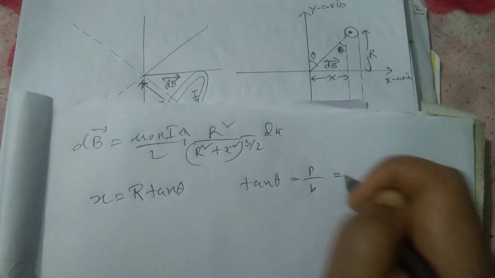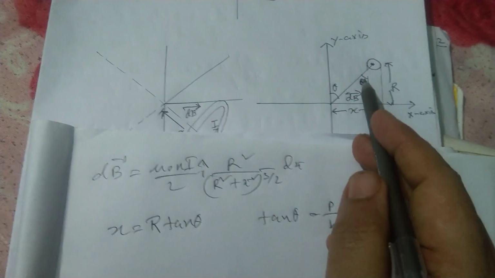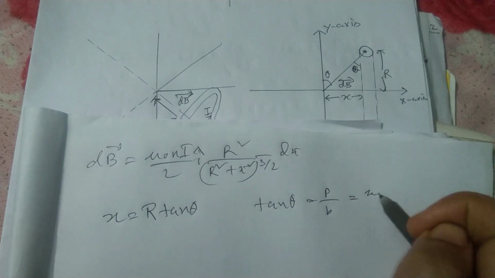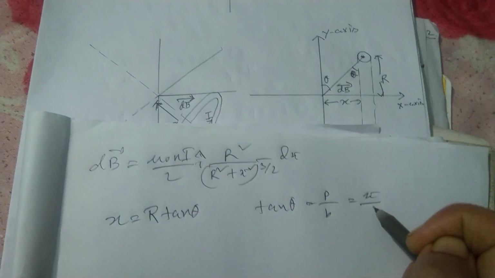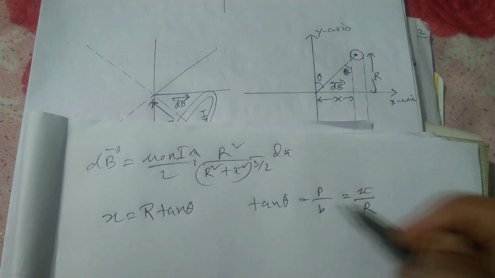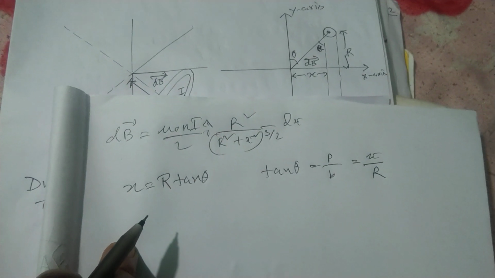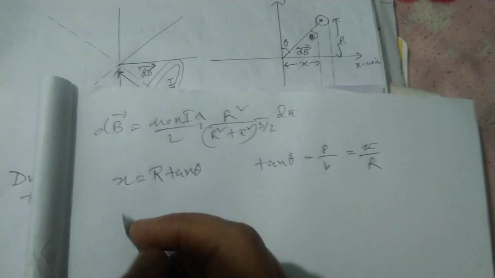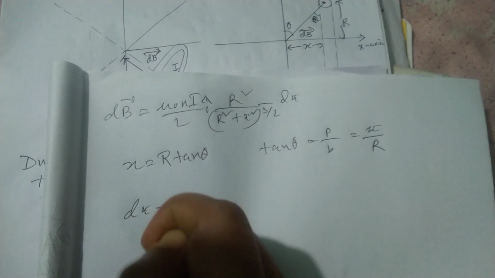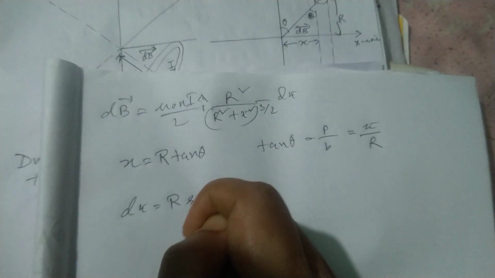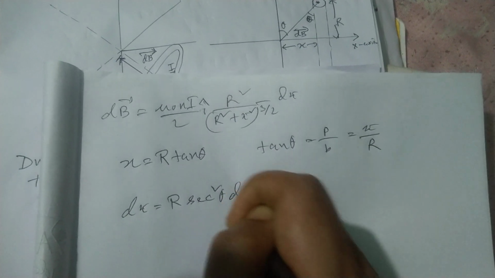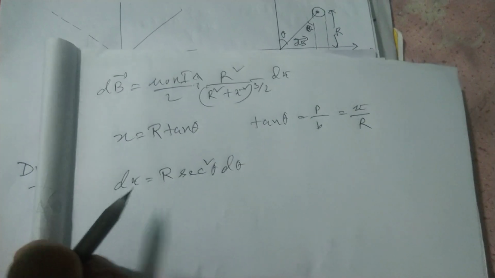Here the perpendicular is x and the base is r. So x is equal to r tan theta. According to the trigonometric function, taking the derivative, dx is equal to r sec square theta into d theta.